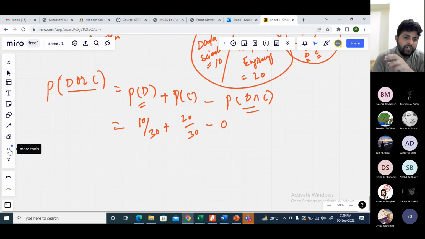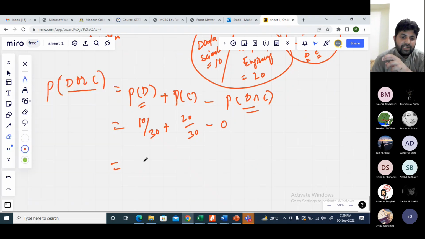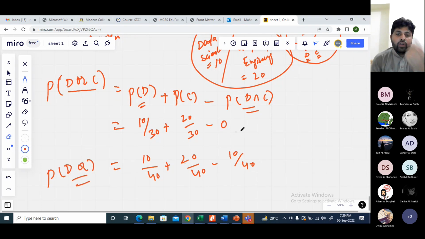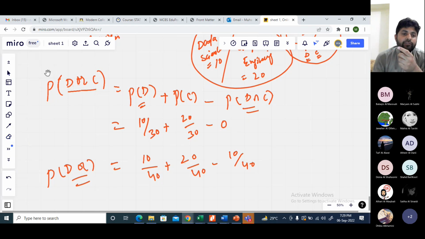What should I write here if I have to rewrite it? 20 out of 40, and minus 10 over 40.